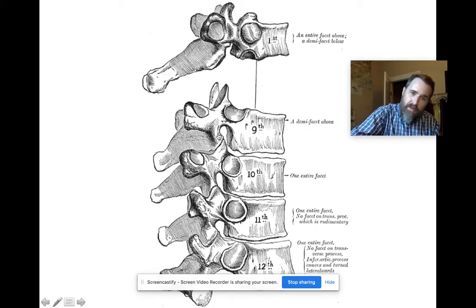Those facets on the vertebrae that articulate with the articular facets of the vertebrae below it are known as the inferior articular facets. So looking here, you can see that the superior articular facet on the top of this vertebrae articulates with the inferior articular facet on this vertebrae.